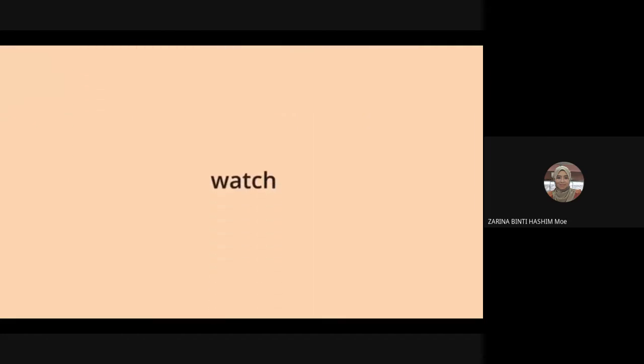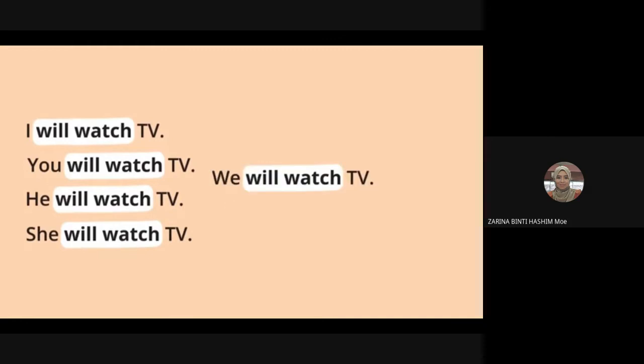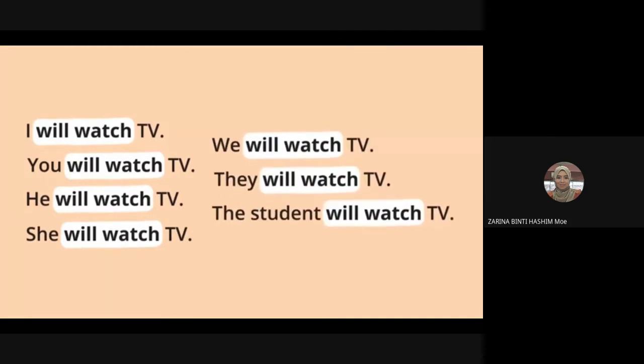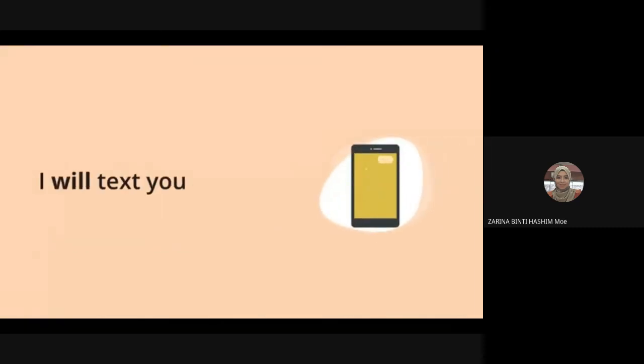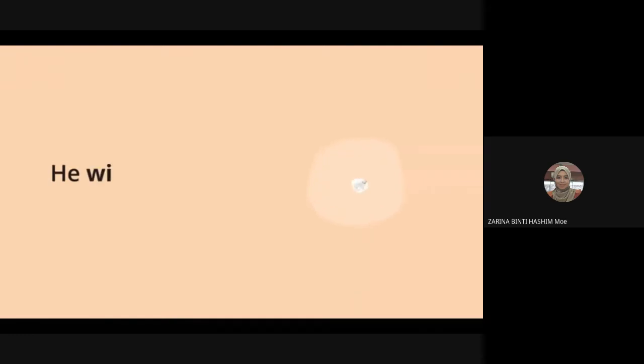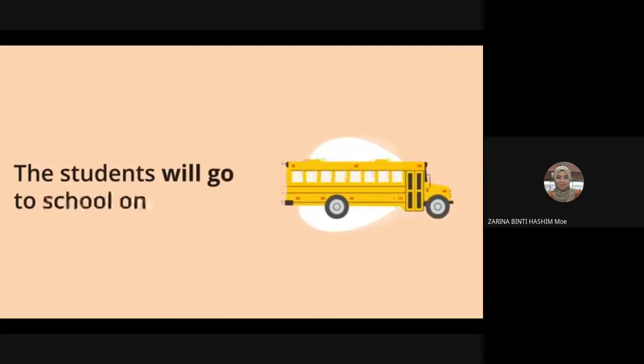For example, the simple future of the verb watch is will watch. I will text you after class. He will walk his dog tomorrow morning. The students will go to school on Monday.